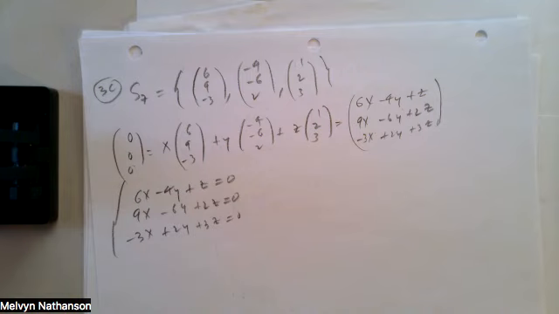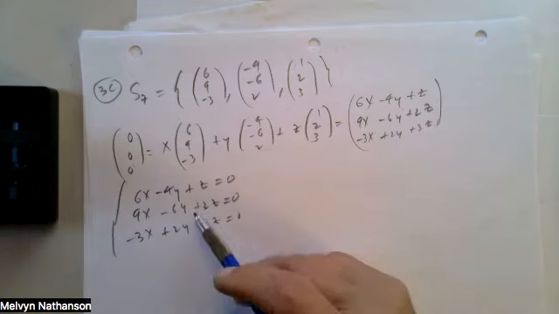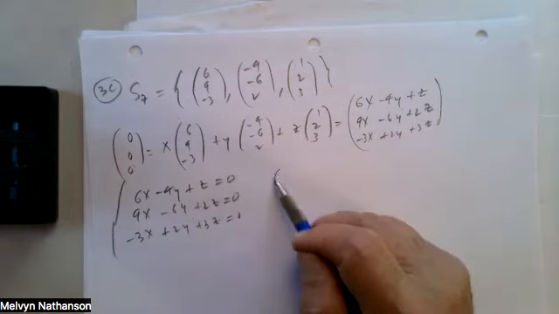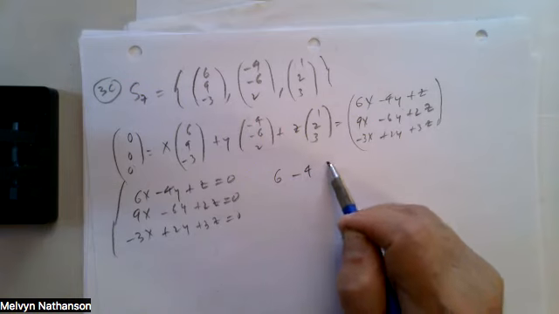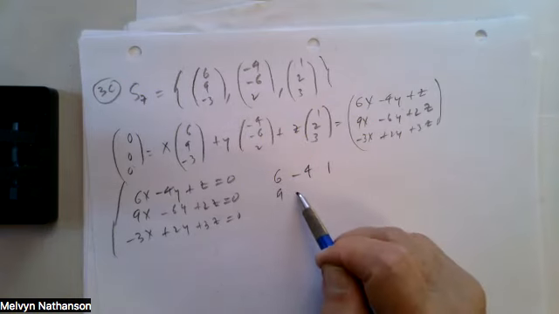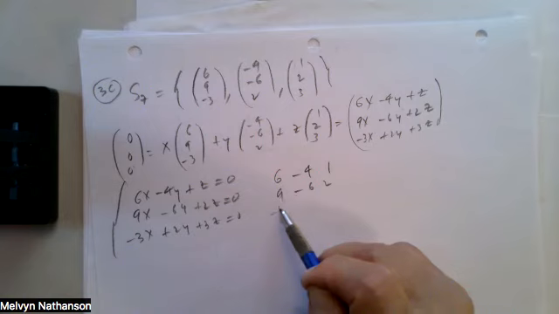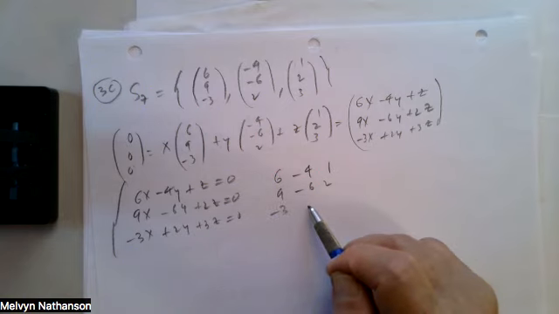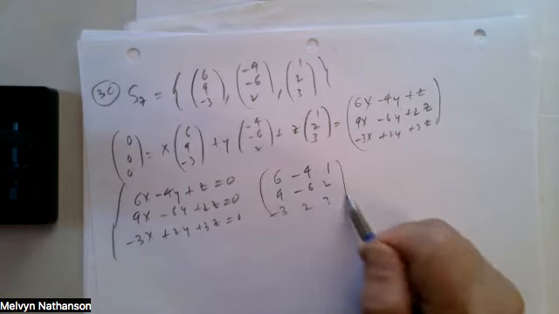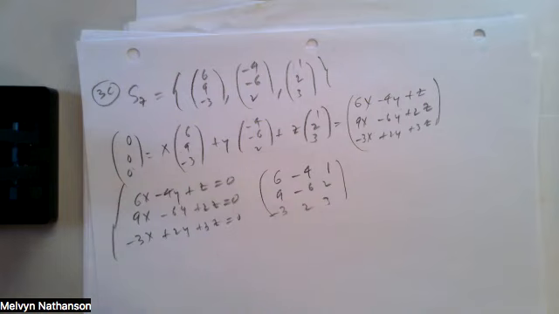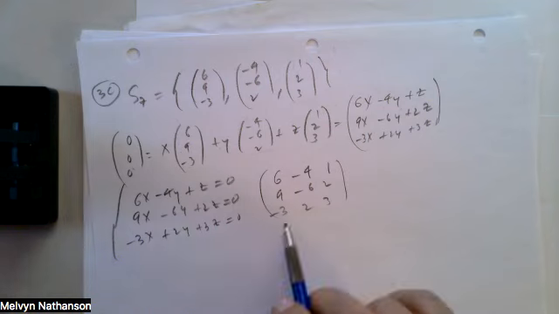You can solve those equations any way you like. Let's say I want to do it by taking the matrix of coefficients, (6, -4, 1), (9, -6, 2), (-3, 2, 3), and putting it in reduced row echelon form.